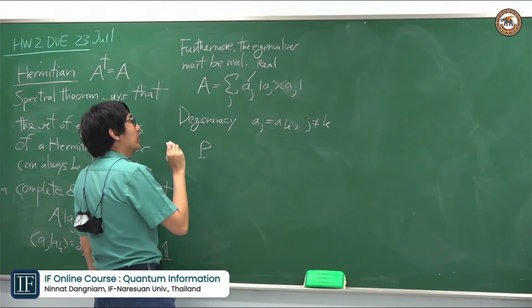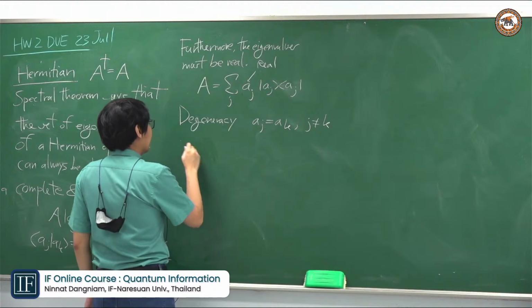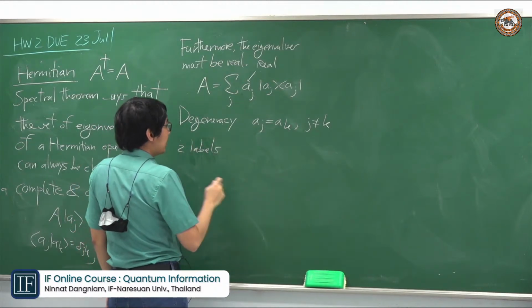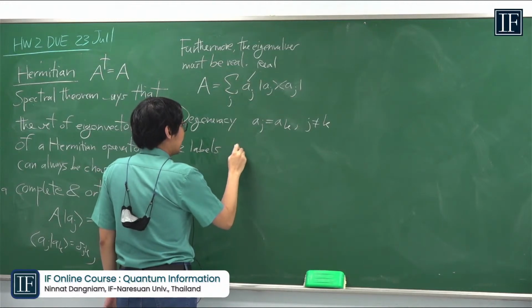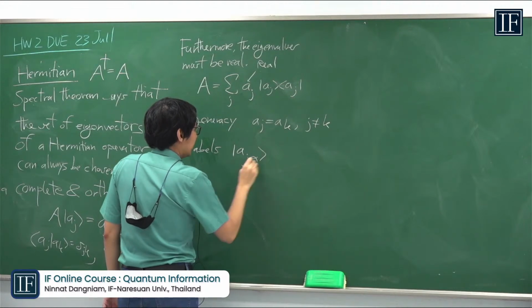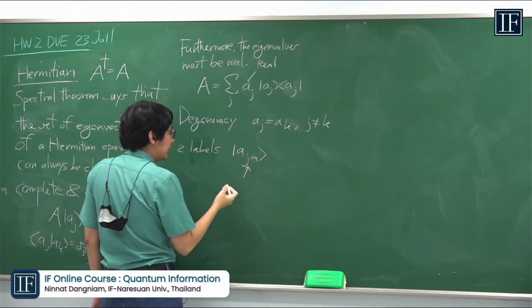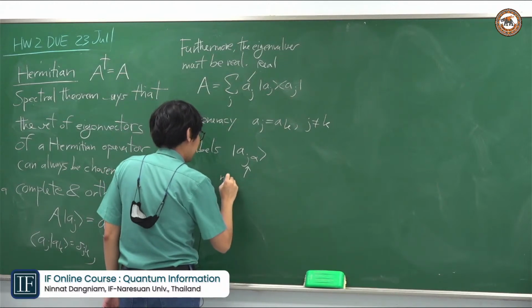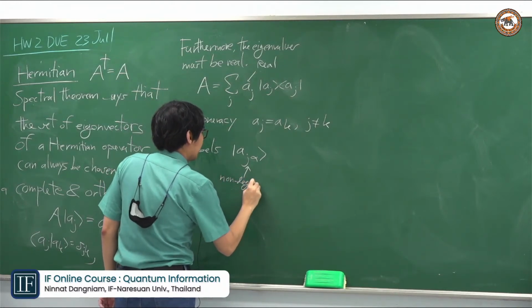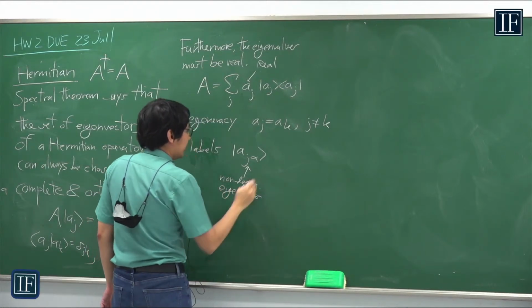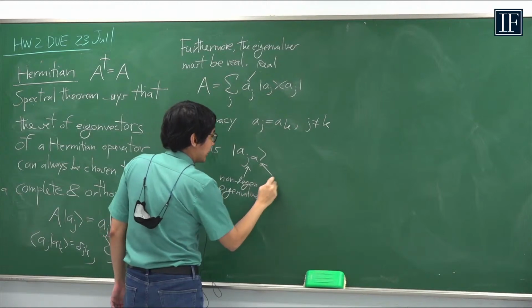Let's have two labels for the eigenvector: j labels the non-degenerate eigenvalues, and alpha is just a degeneracy count.